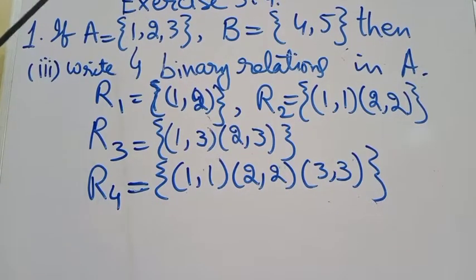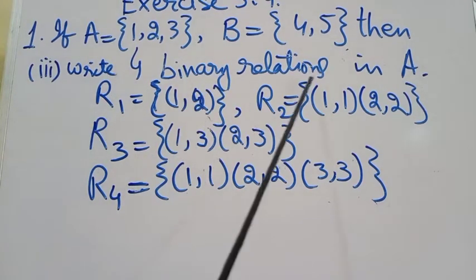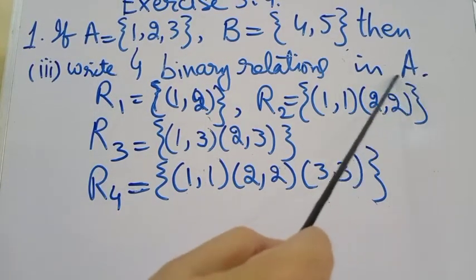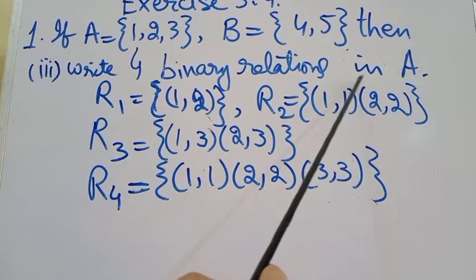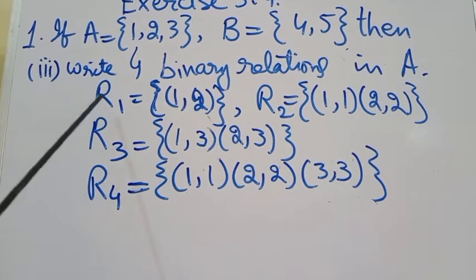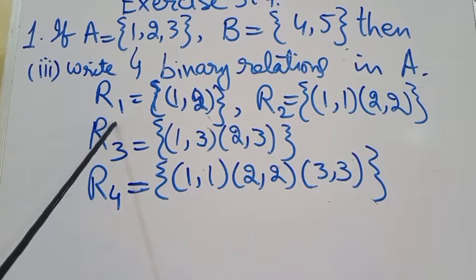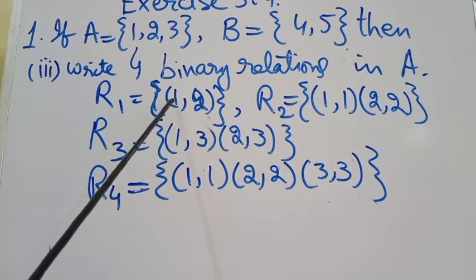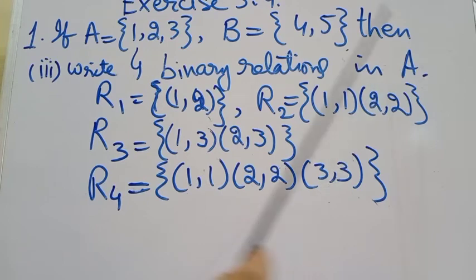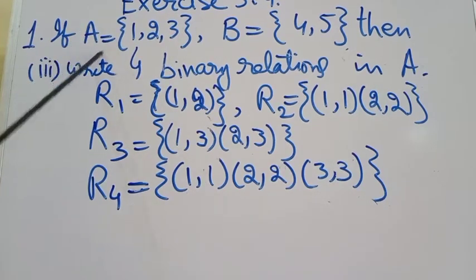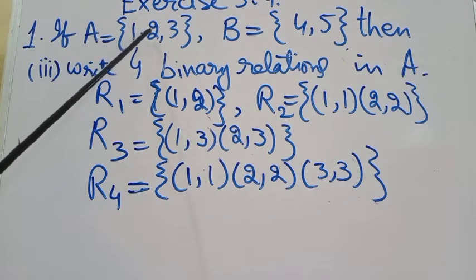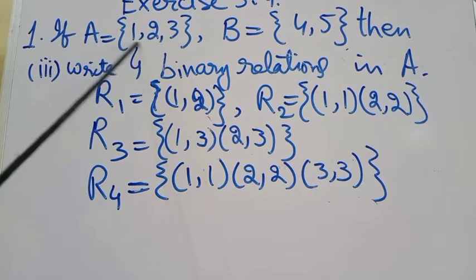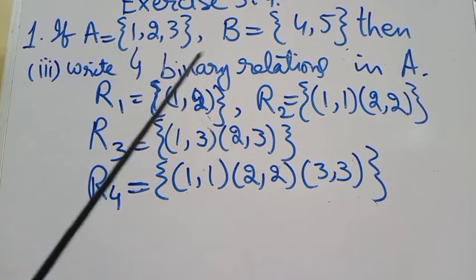Third part of question number 1, write 4 binary relations in A. In A means A cross A. First relation R1 in A cross A is equal to, A cross A means from A to A, both sets are elements of set A. It means 1, 2, 3 are the elements in both sets.